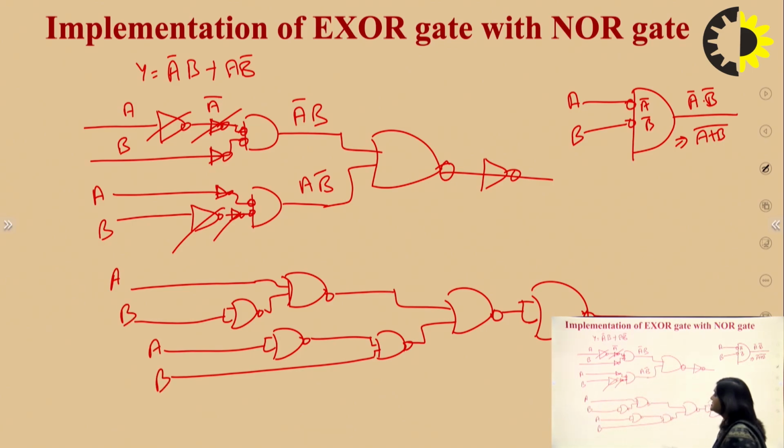Okay, so this is how we can draw the XOR gate by using NOR gates only.